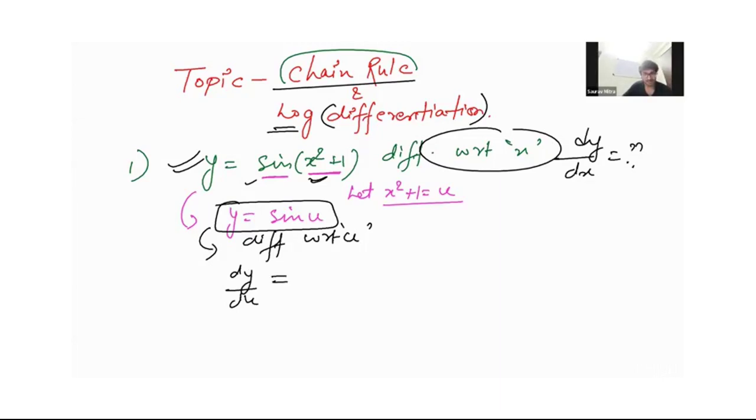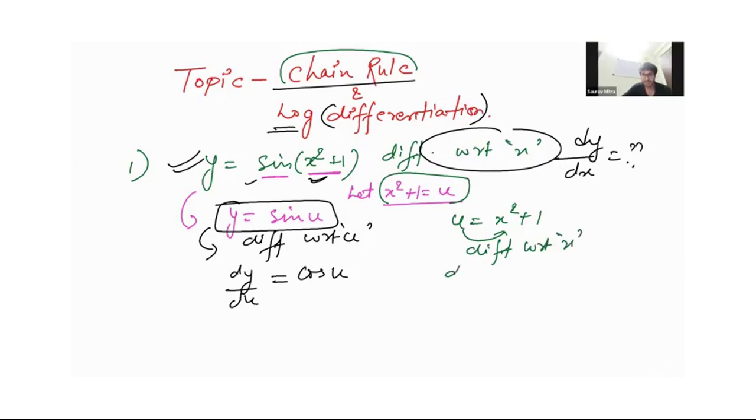So this will become cos u. Now, second part: u is left, so we will differentiate this u also. So u is equal to x square plus 1. The u is a function of x, so we will differentiate with respect to x.